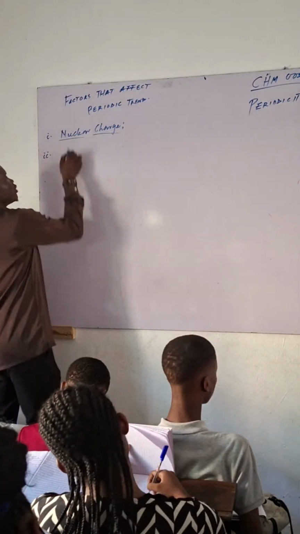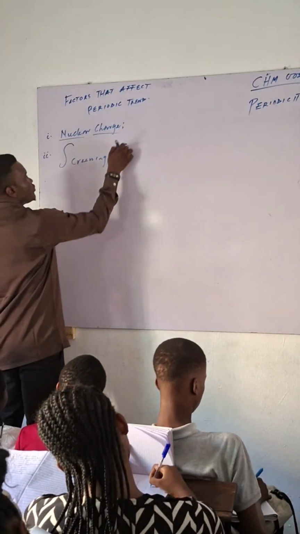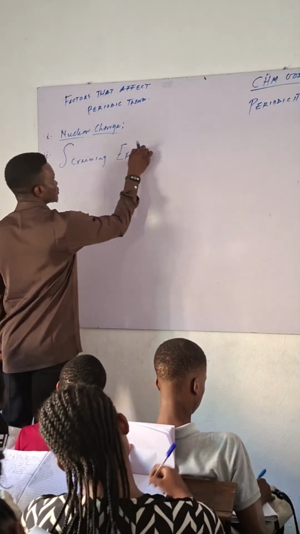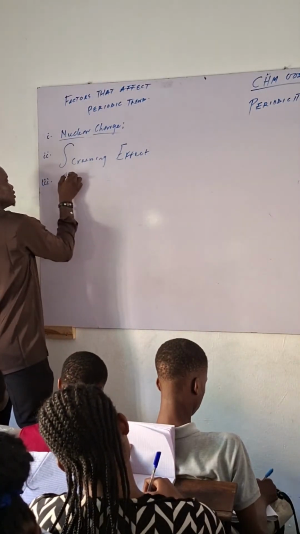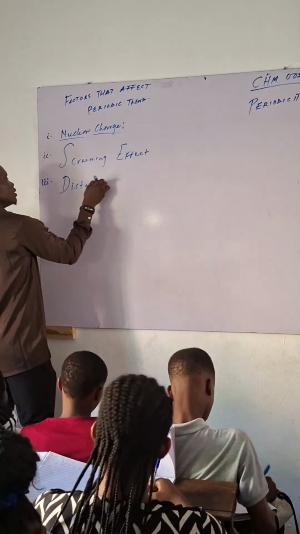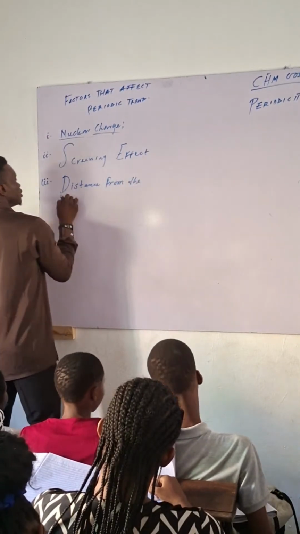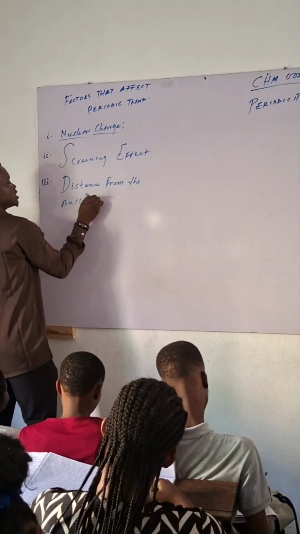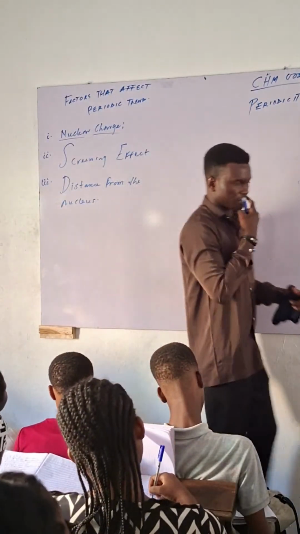Second one, we call it screening effects. And the third one, we call it distance from the nucleus. That is talking about the distance of the valence electron from the nucleus.